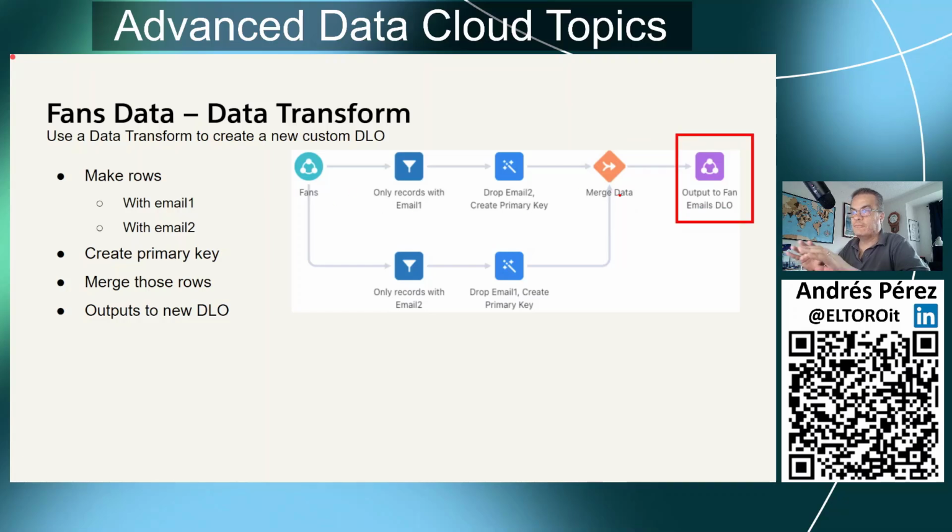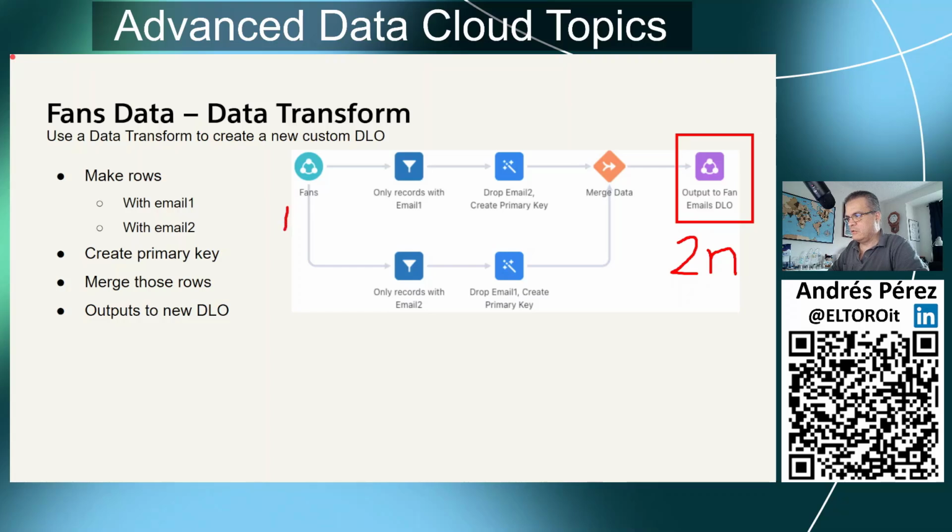So if everybody had two emails, we saw in the previous slide that some have one, some have two, but if everybody had two emails, there's going to be n records.